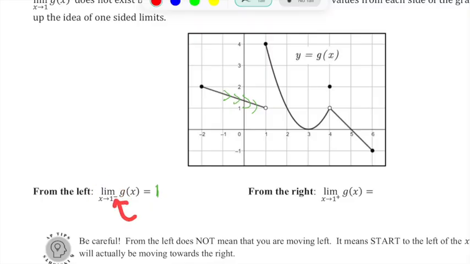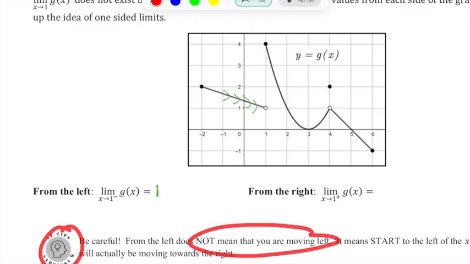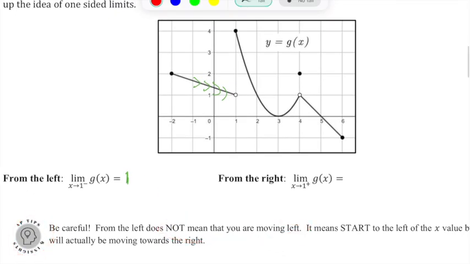This means from the left. Again, it does not mean that you are moving left. It means you start from the left and go towards the right. So you're approaching from the left-hand side. And then from the right, you denote with this little positive symbol right here. So when we approach from the right, the value is equal to 4.